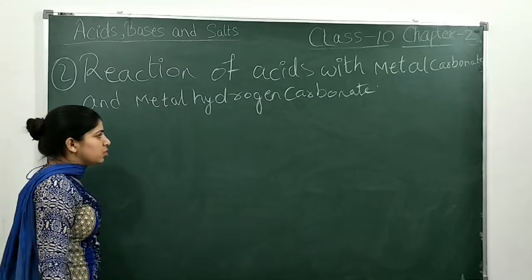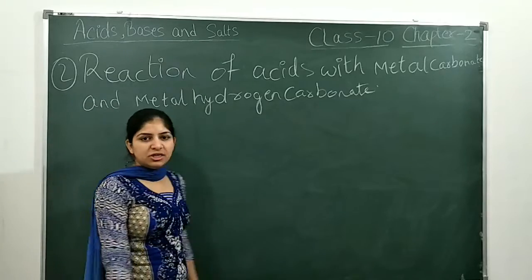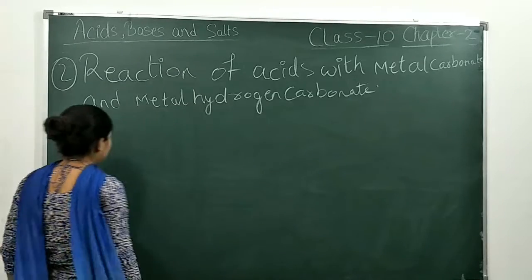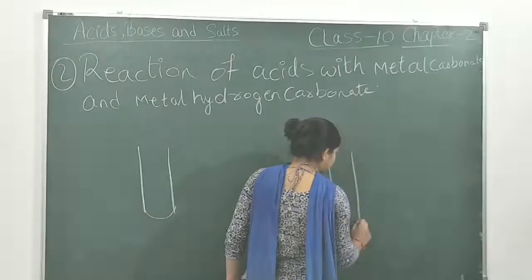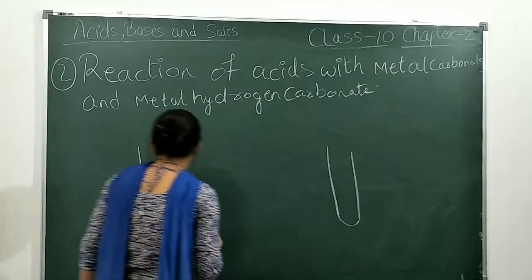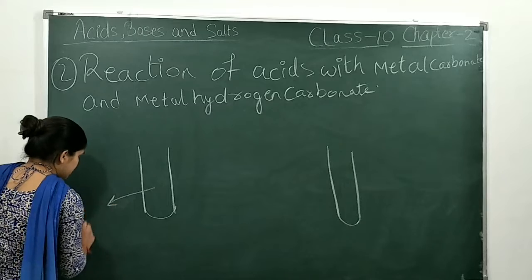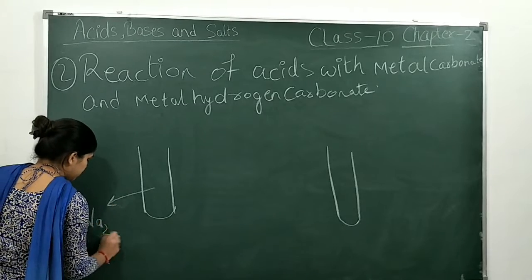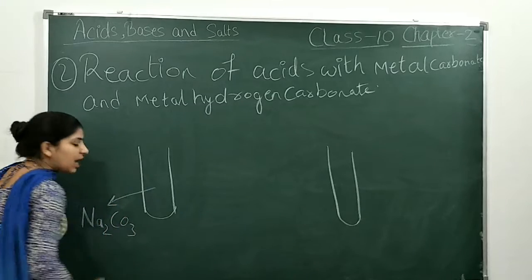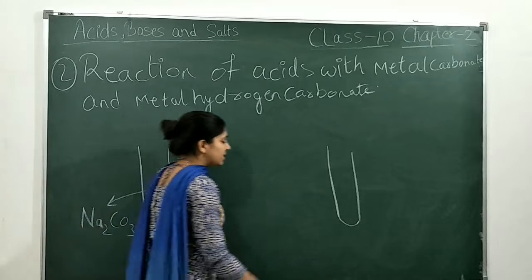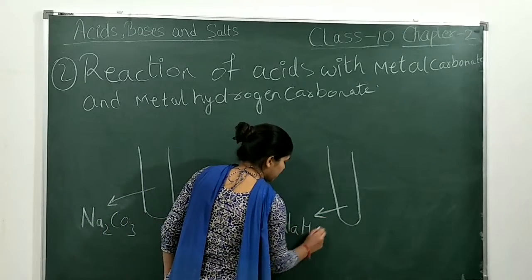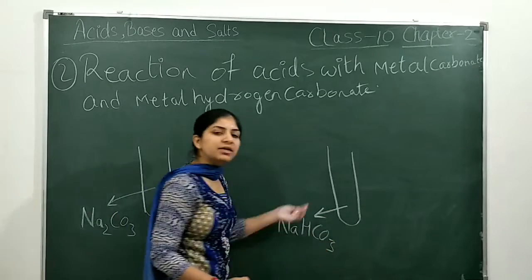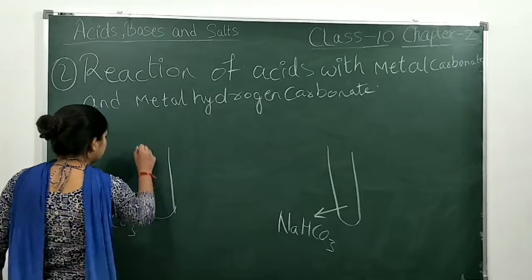Okay. So before starting this reaction, let us do some experiment related to this reaction. Take two test tubes and add sodium carbonate crystal in one test tube and sodium hydrogen carbonate crystal in another test tube.